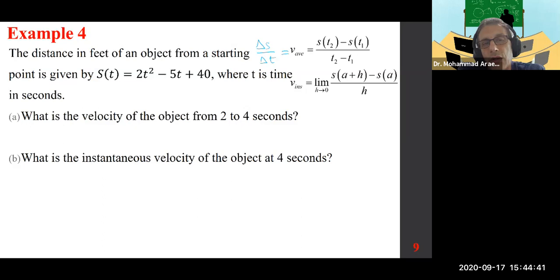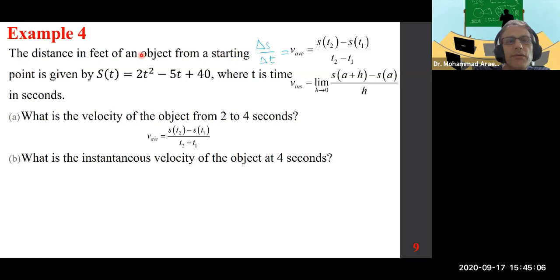Okay, you cover 100 miles over the course of 2 hours, your average speed is 50 miles per hour, average velocity. There's a difference between velocity and speed, class. Velocity is a vector and speed is a scalar. In any event, plug in. What do you plug in? 4 and 2.